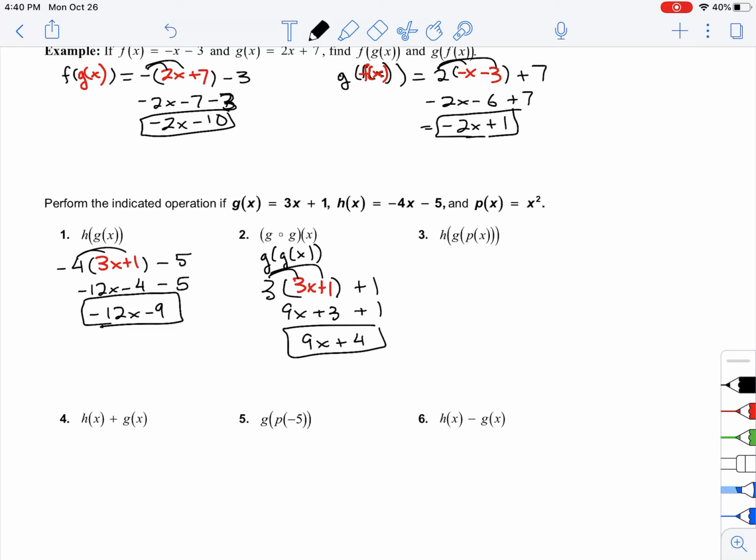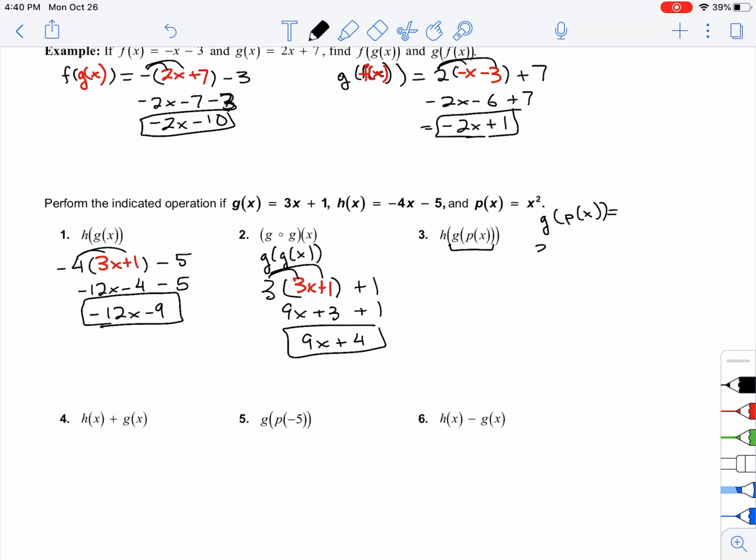Okay, for number 3, we have h of g of p of x. Yes, it looks like a lot, but let's start with pieces. Let's start with the easy part, g of p of x. Let's find that first. So we're going to put p of x inside of g of x.